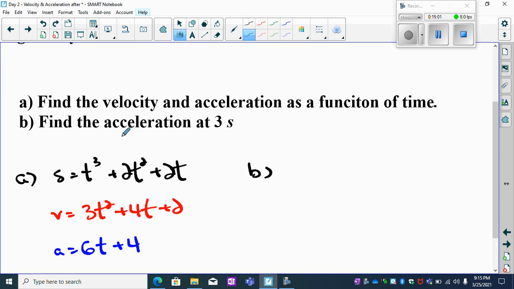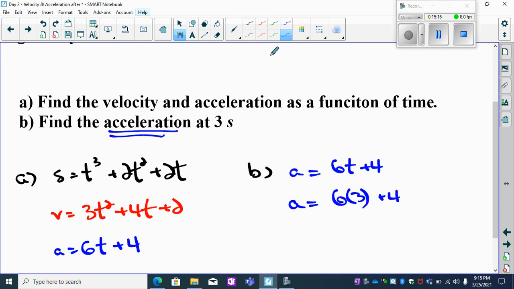Part B. Find the acceleration at 3 seconds. Acceleration, I know to use this formula. This is the one that's going to give me acceleration. And all I'm doing is plugging this time, 3 seconds, in for t, and I'm solving. A is going to equal 18 plus 4, 22.